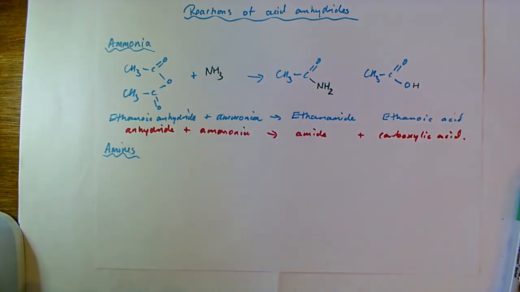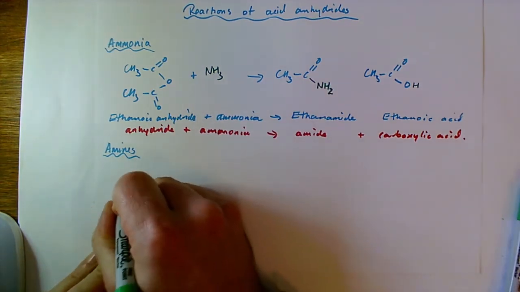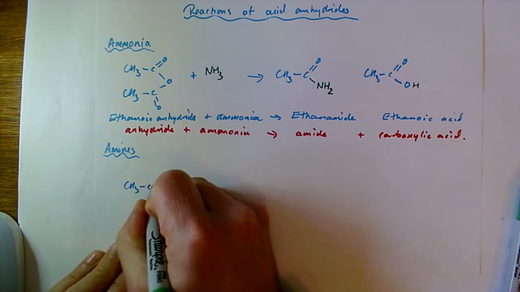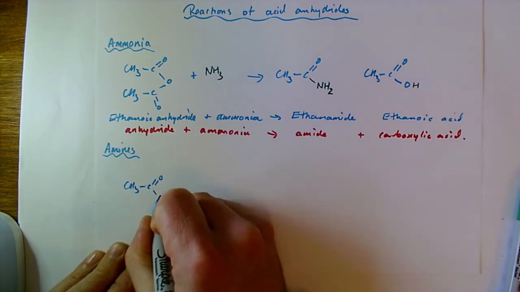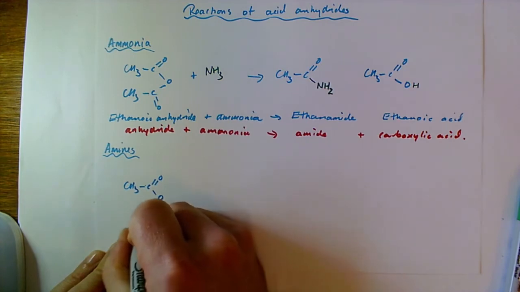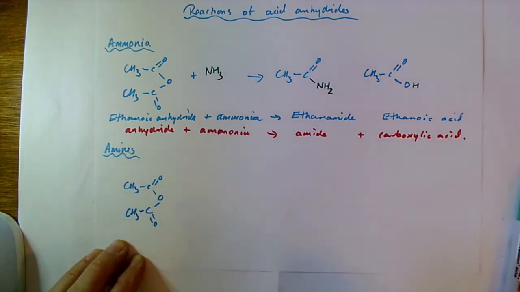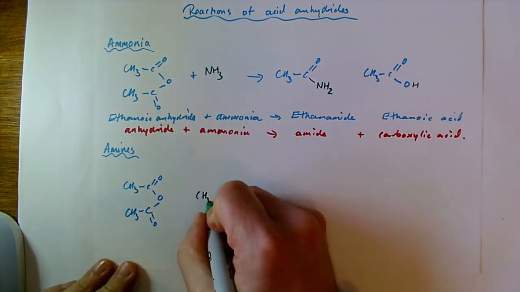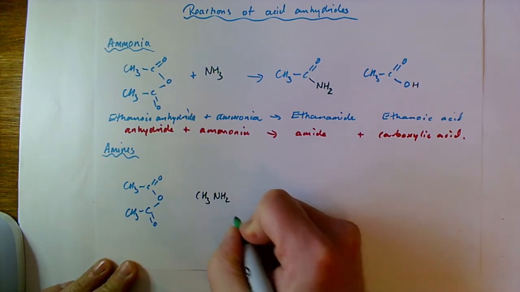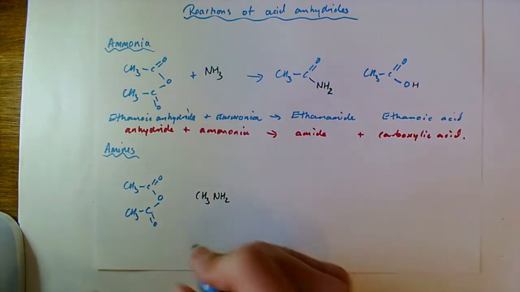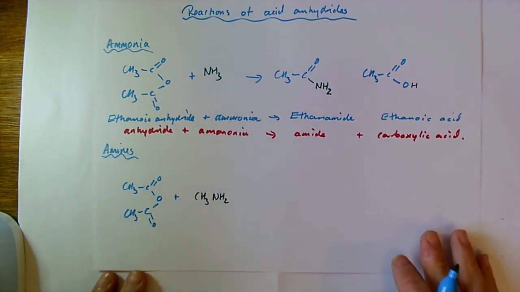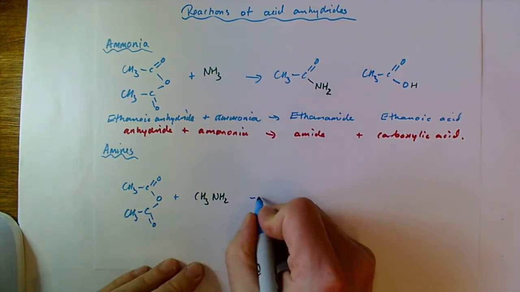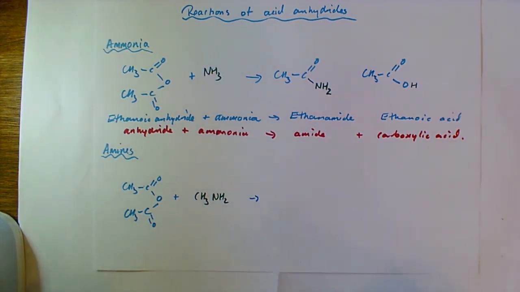So let's make our amine a bit more interesting, and we're going to stick an alkyl group on it. So I'm going to stick with ethanoic anhydride, like that. And this time I'm going to make CH3NH2. So now I've got a substituted amine here, or an amine for that matter. Right, so I'm reacting these together.